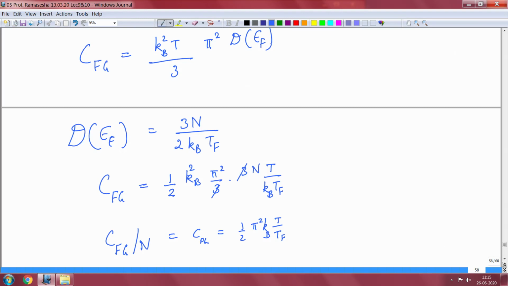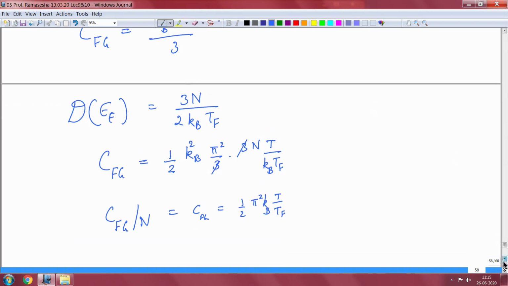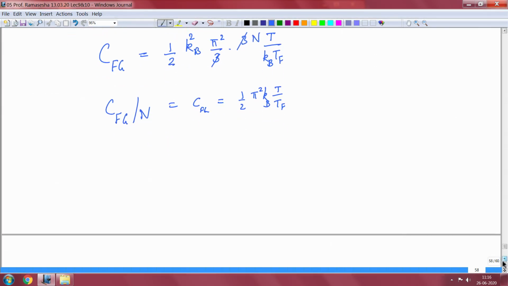So I had a 2 here, so it's okay: 1/2 pi squared kB T by TF. In case I have missed a factor here or there, please get back to me and we can correct it.